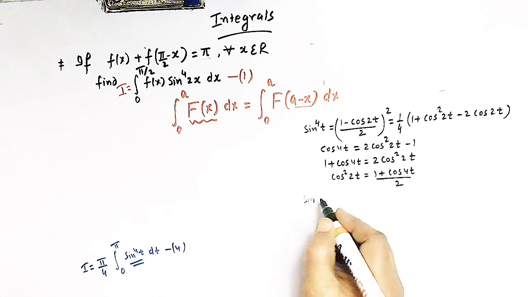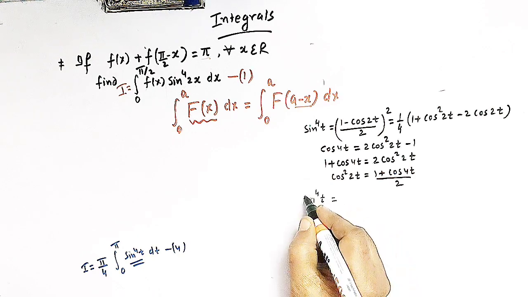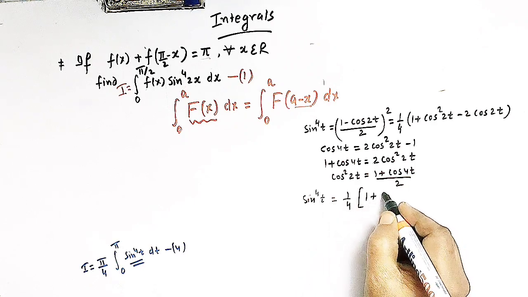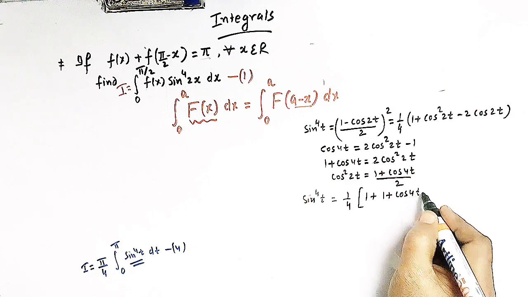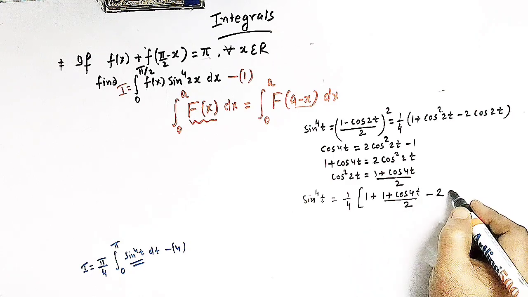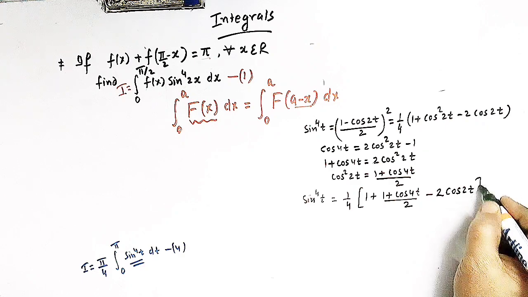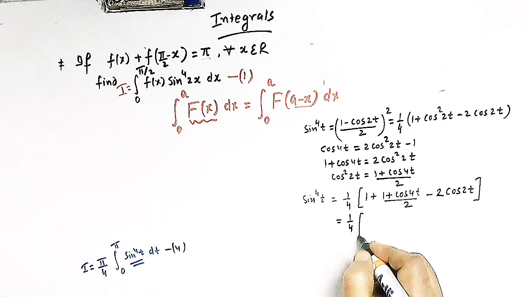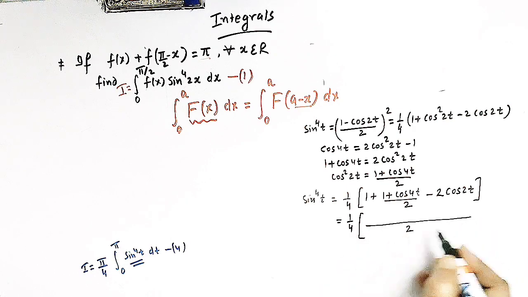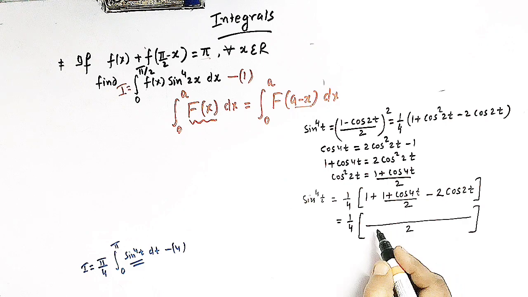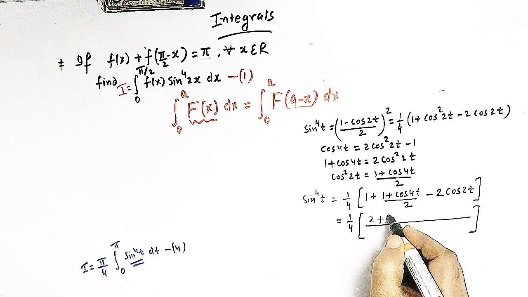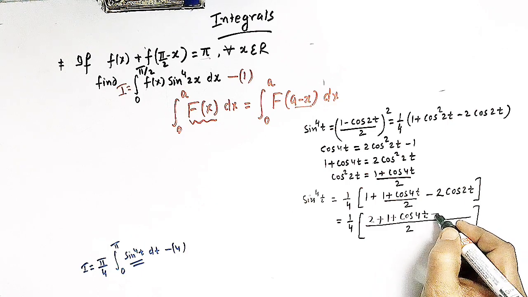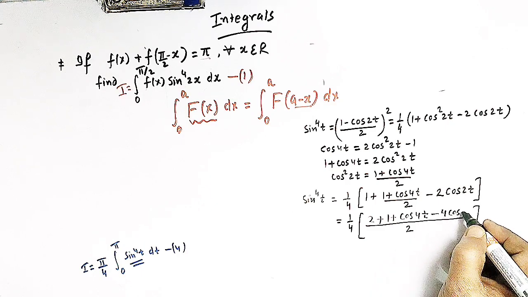So now let us substitute the value of cos square 2t in this expression. So now we have sine to the power 4 t, and this is equal to 1 over 4, 1 plus (1 plus cos 4t) over 2 minus 2 cos 2t. So let us take the LCM here. We have 1 over 4, and we can now write here 2, and here 2 times 1 is 2, then we have 1 plus cos 4t, and then we have here 4 cos 2t.